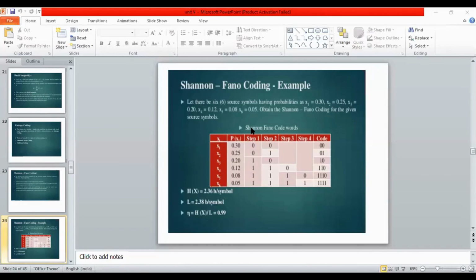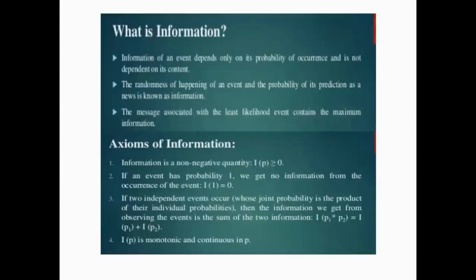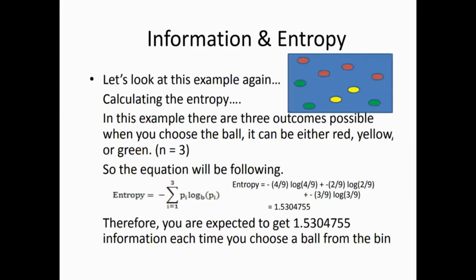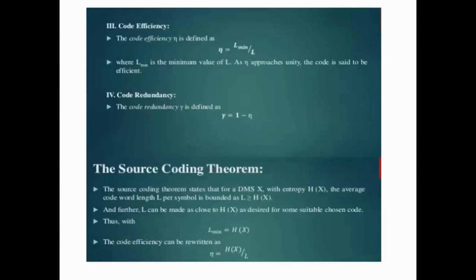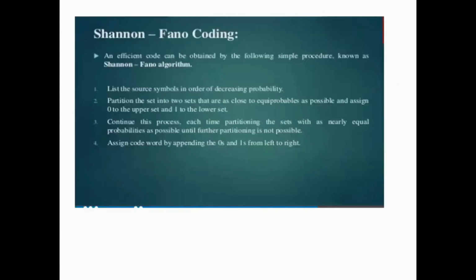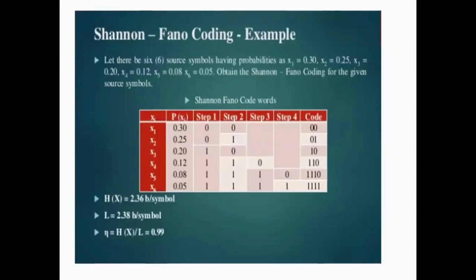Let the source have 6 source symbols with probabilities 0.3, 0.25, 0.2, 0.12, 0.08, 0.05.